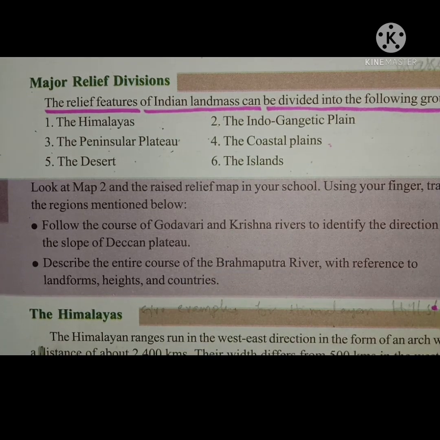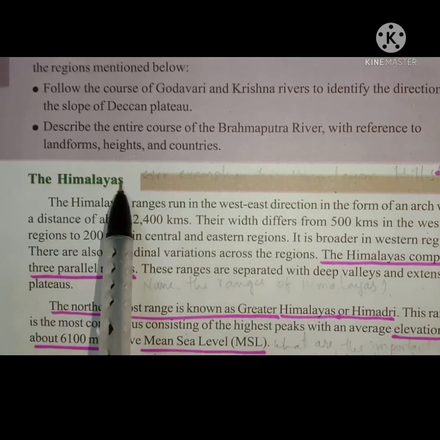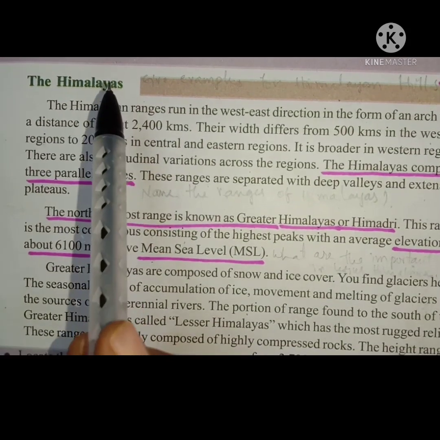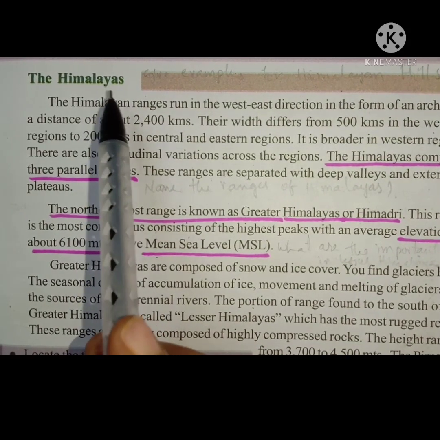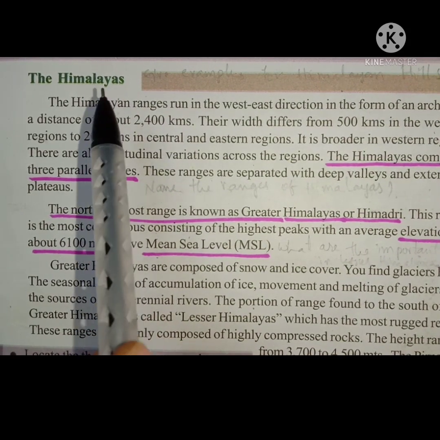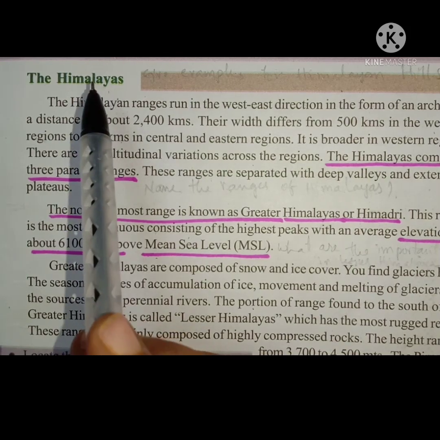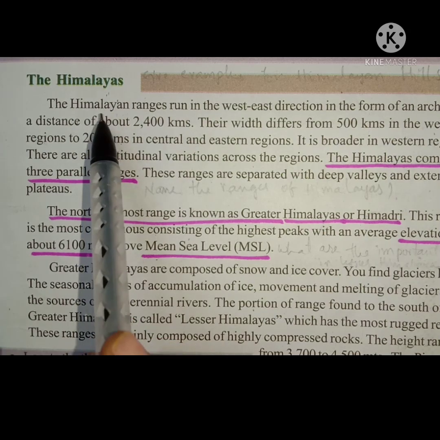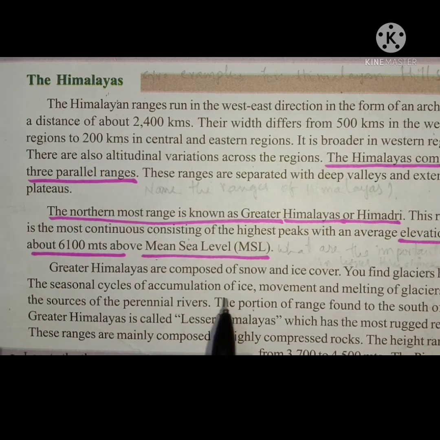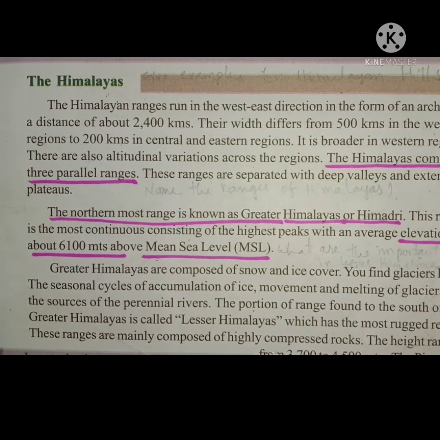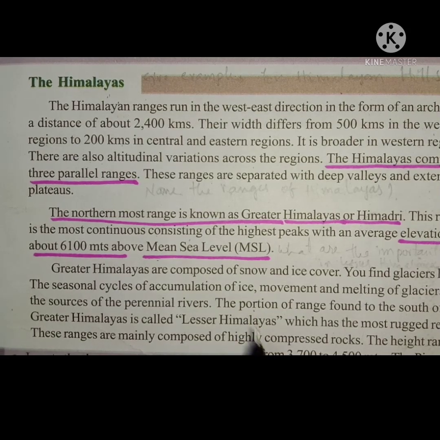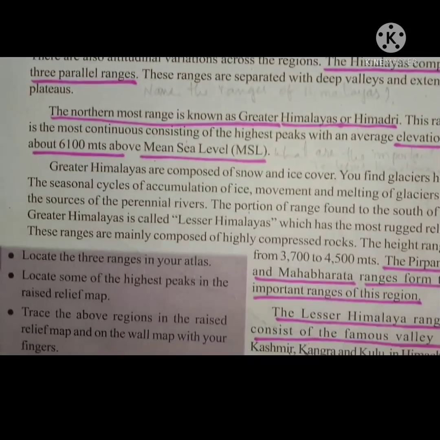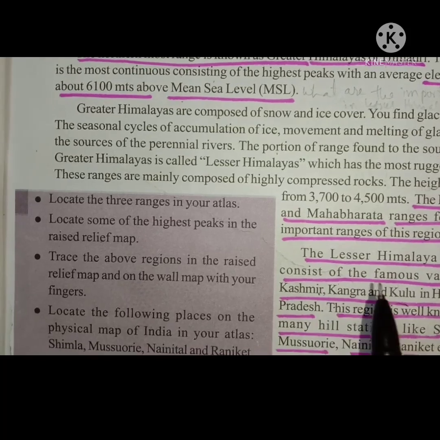Next, the Himalayas. The Himalayas are comprised of 3 parallel ranges: Himadri, the greater Himalayas, Himachal, the lesser Himalayas, and Shivalik. In this topic, 1 mark important question: name the Himalayan hill stations.